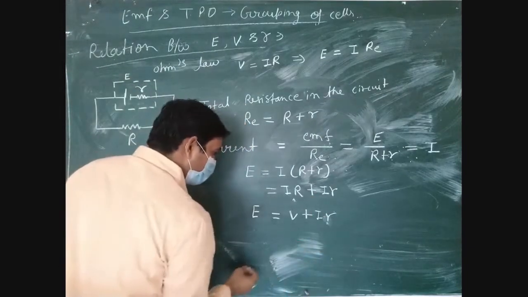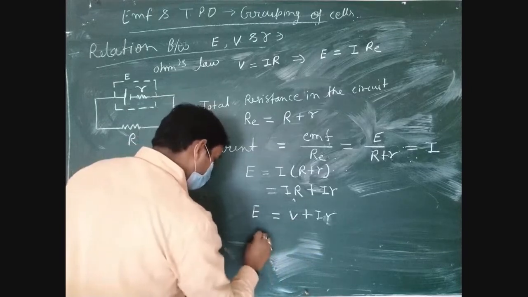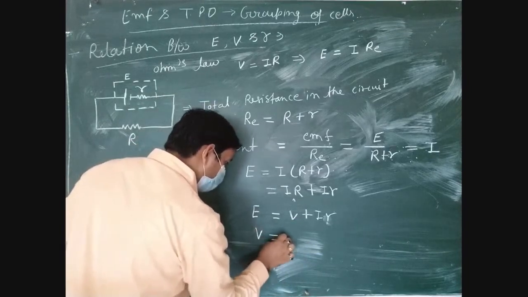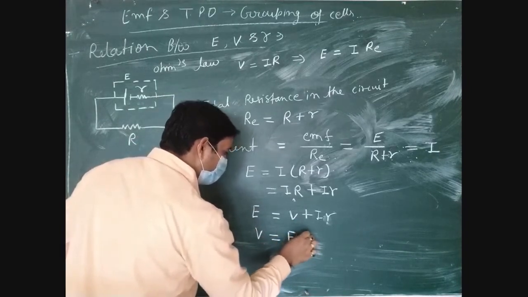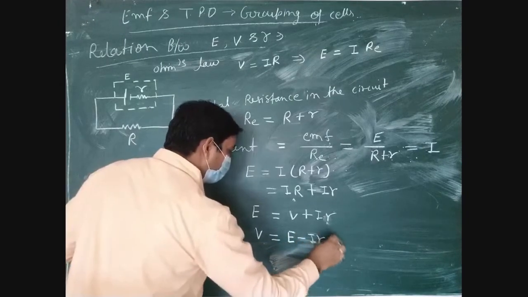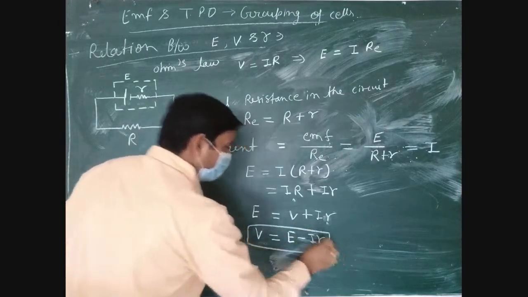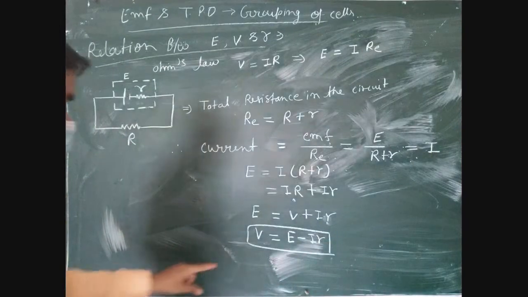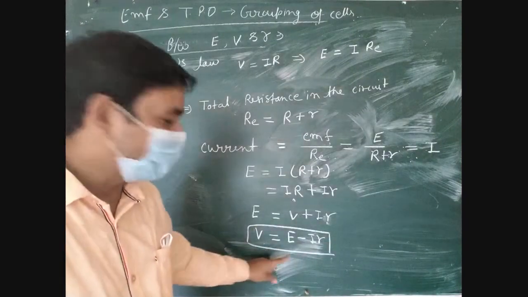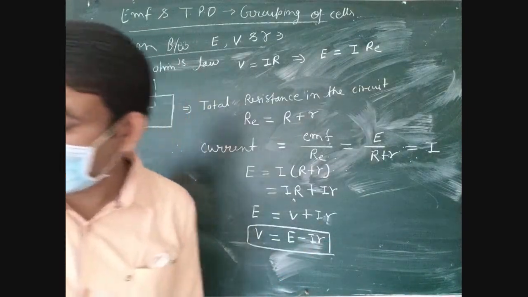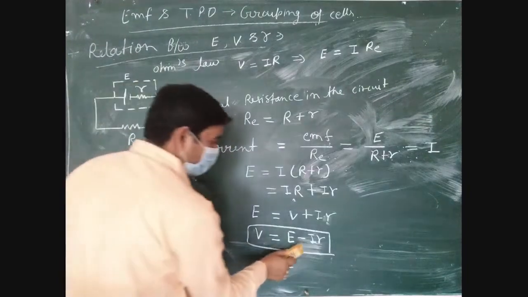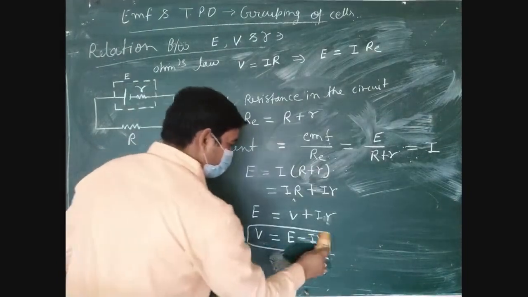Now calculate the value of V from here. V is equal to E minus Ir. So this is the first relation between the internal resistance and the EMF of the cell.